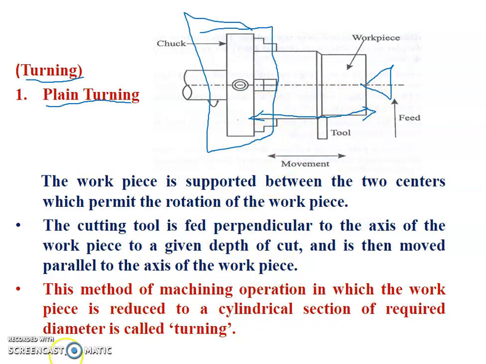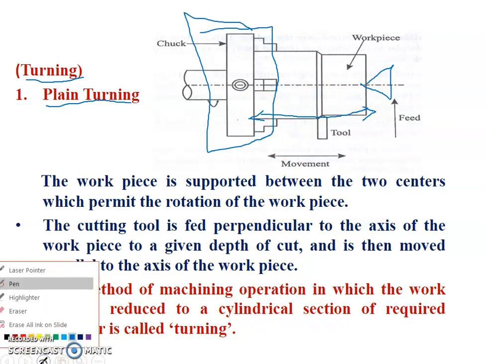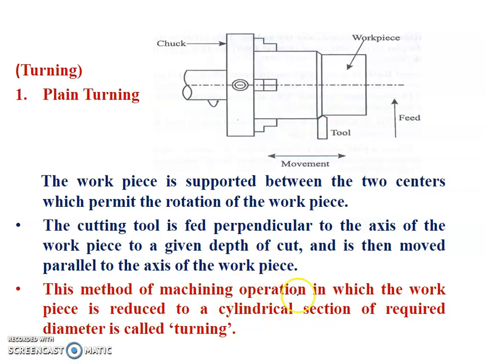That is called the plane turning operation, or simply the turning operation, in which the diameter of the workpiece is reduced by removing excess material from the raw material.